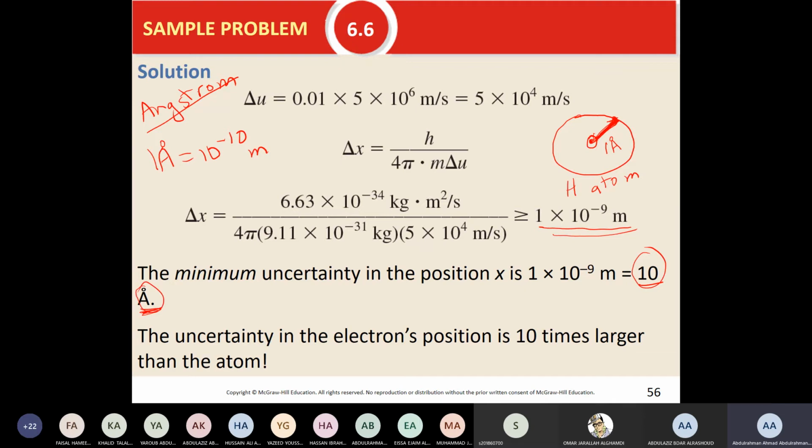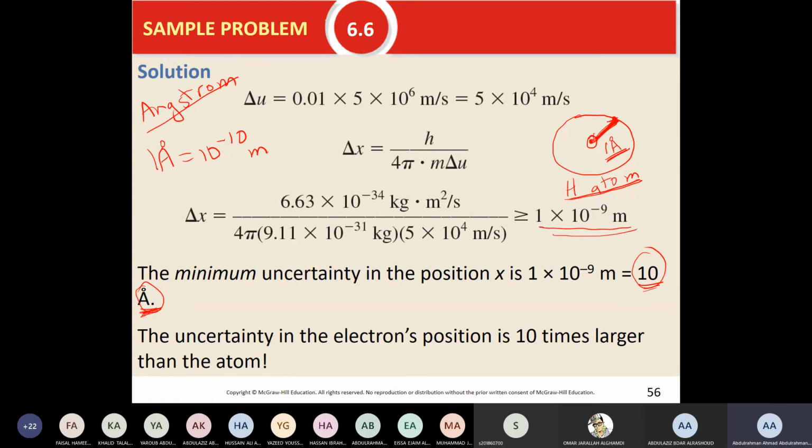The radius is 1 angstrom, but the error in measurement is 10 angstrom, which is a lot.